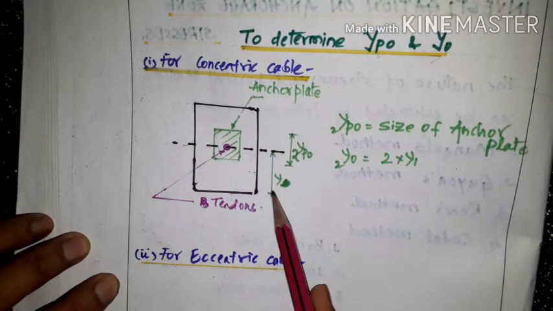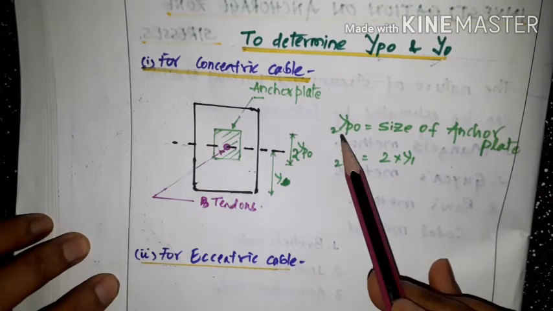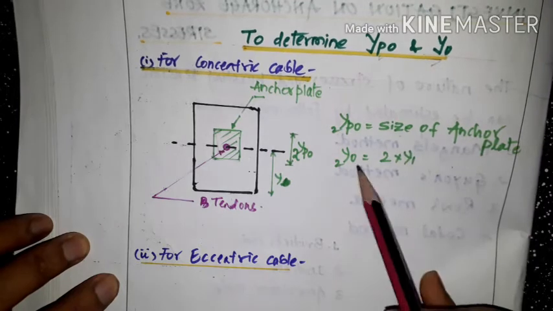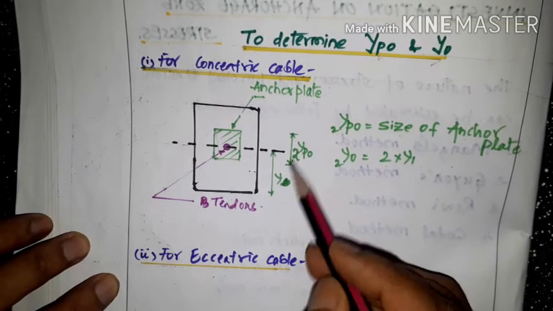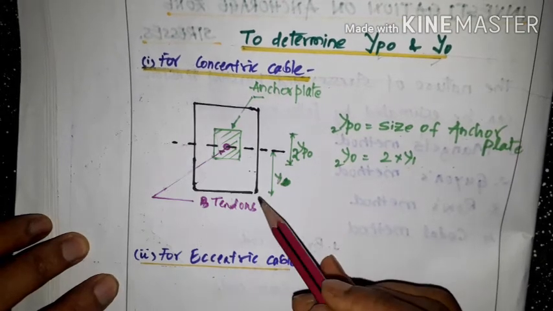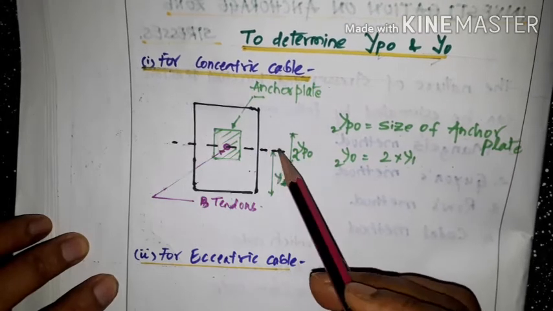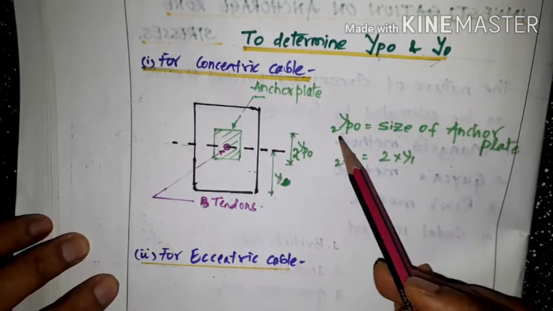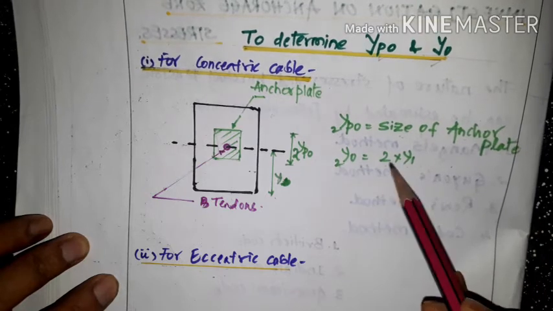Then Y_o, if the cable is concentric: Y_po is the size of the anchor plate and Y_o is 2 times Y1, so this is Y1, and 2 times Y1 is nothing but the depth of the beam. So Y_po we use as the size of the anchor plate and Y_o is equal to 2 times Y1.